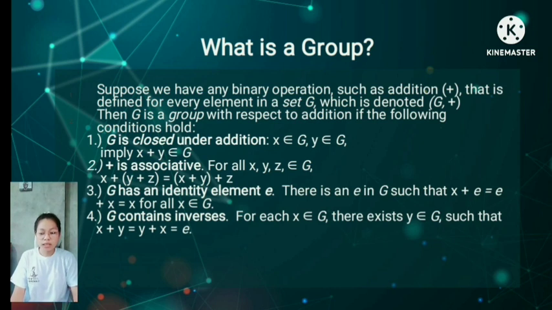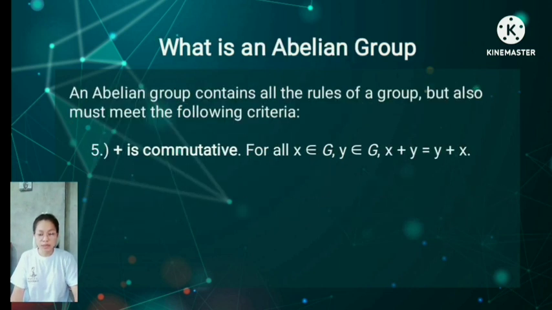For each x in G, there exists y in G such that x + y = y + x = e.